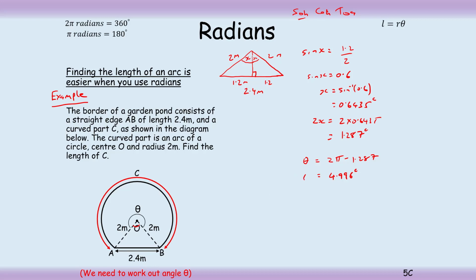And that's theta. Now I know theta, I can work out my arc, because the length of the arc, L, is equal to r, radius, times theta. Radius is 2 times 4.996 radians.